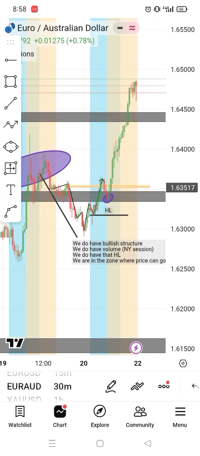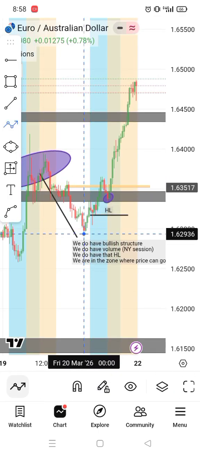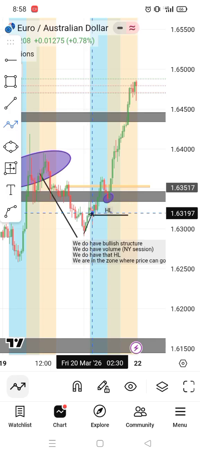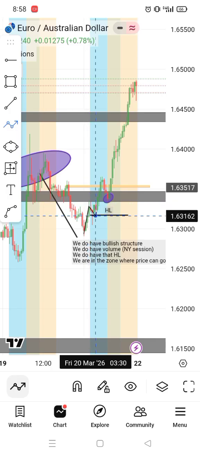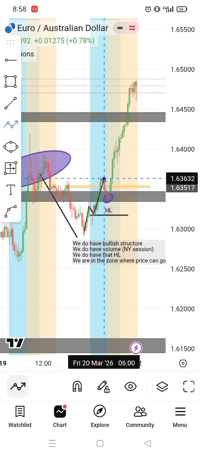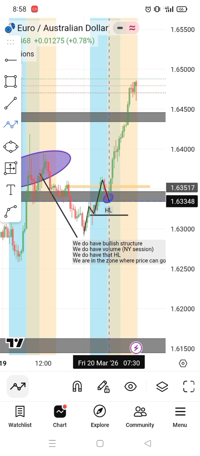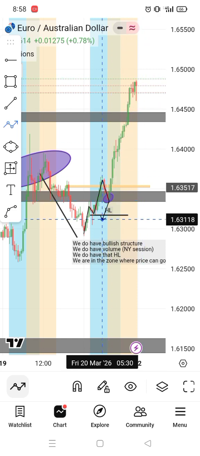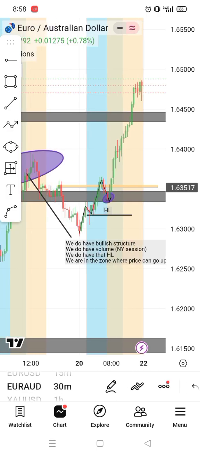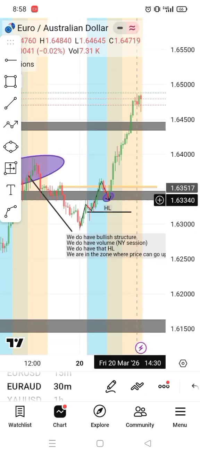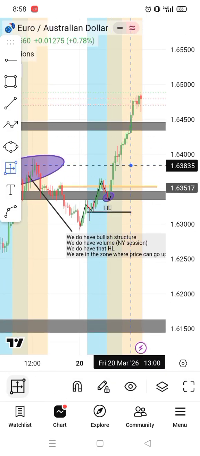So first, we do have the bullish structure, which is this one. Break up, lower high, higher low, higher high, higher low, and then creating that one. And next, we do have the volume, as we said, this is our New York session.